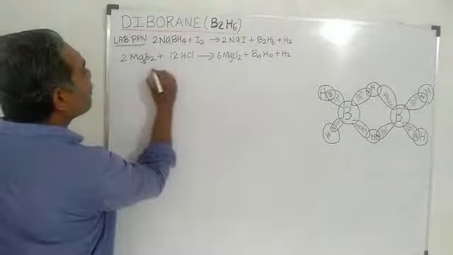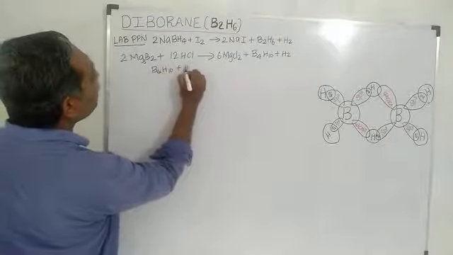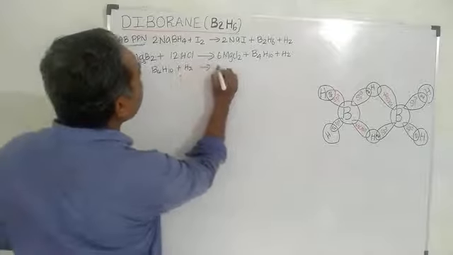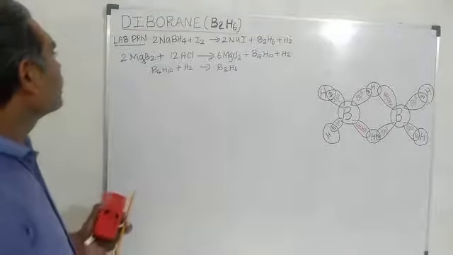Next, B4H10 reacts with H2 and we will get B2H6. Diborane is prepared. So these are the two methods of preparation that are given in our book.